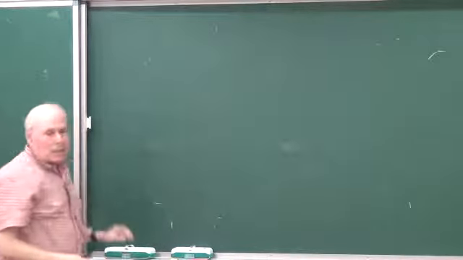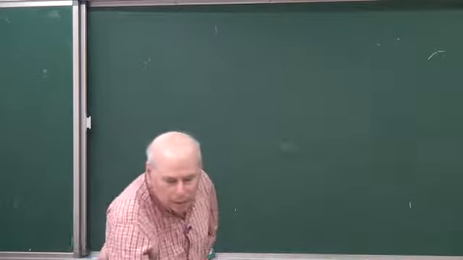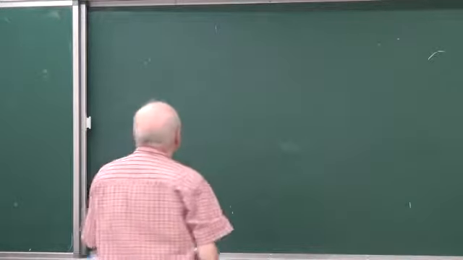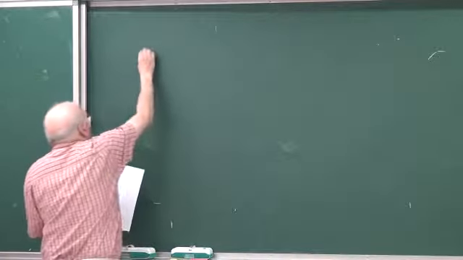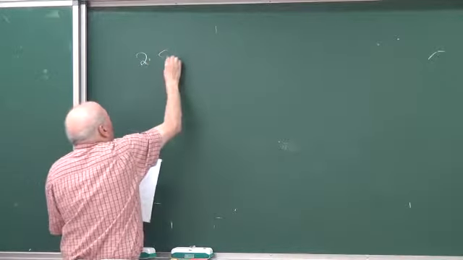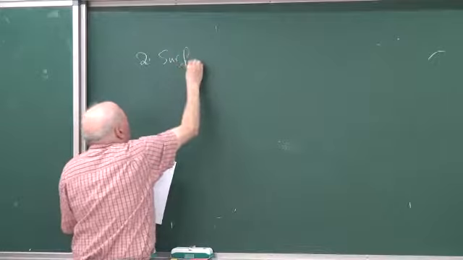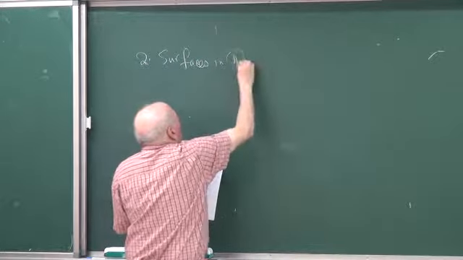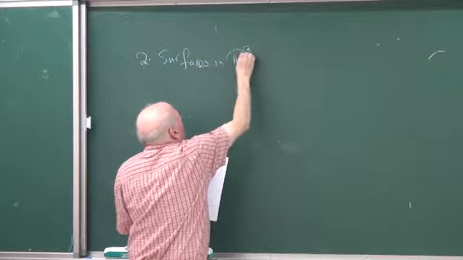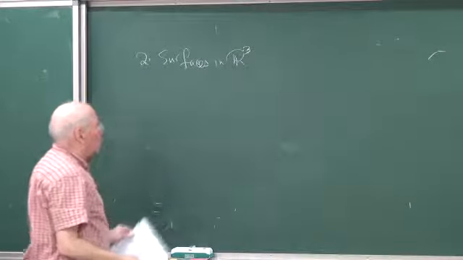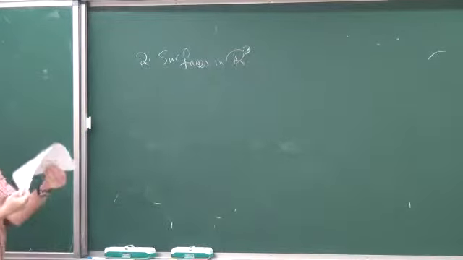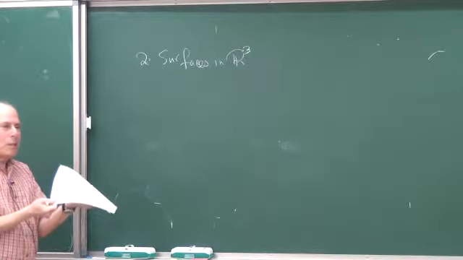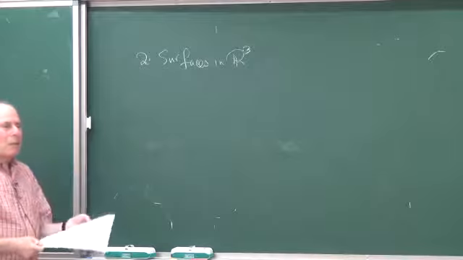So the next section, which I guess is called 2, is surfaces in R3. Okay, so here's the surface in R3. A piece of paper is a surface in R3. So it's a two-dimensional surface, and it lies in 3 dimensions.